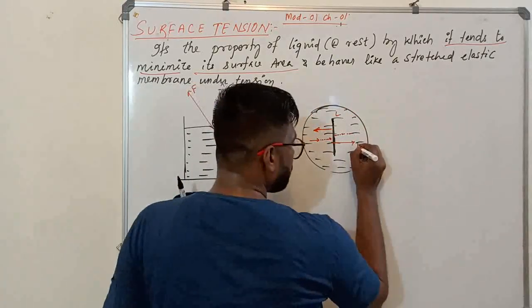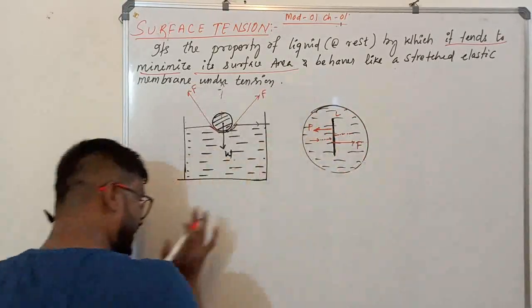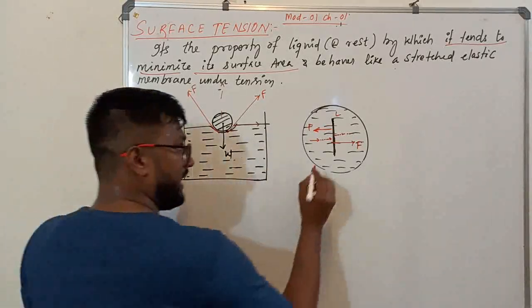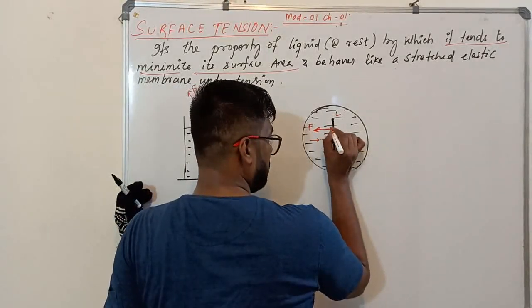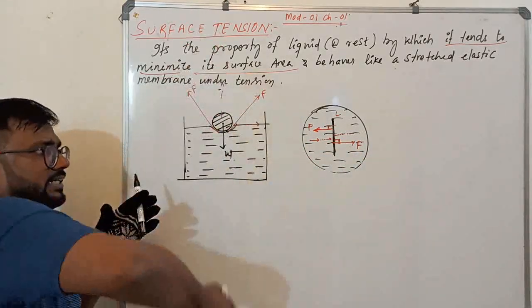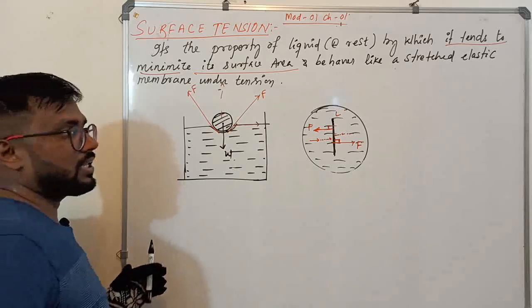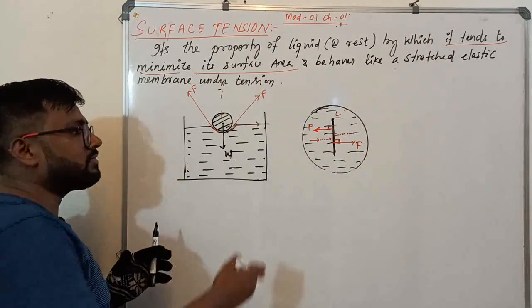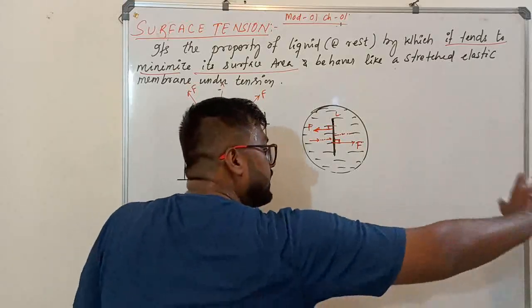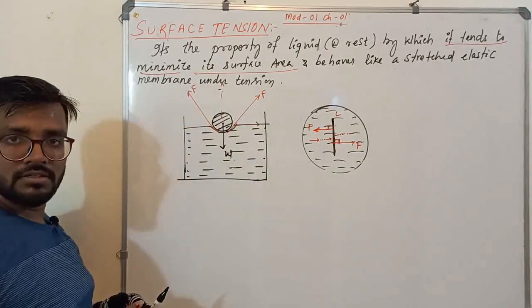Okay, so this force, how is it acting? Sir, it is acting along the liquid surface, and it is also perpendicular to the needle, the line of length L that I have drawn. The forces are perpendicular to that and along the surface. Correct.